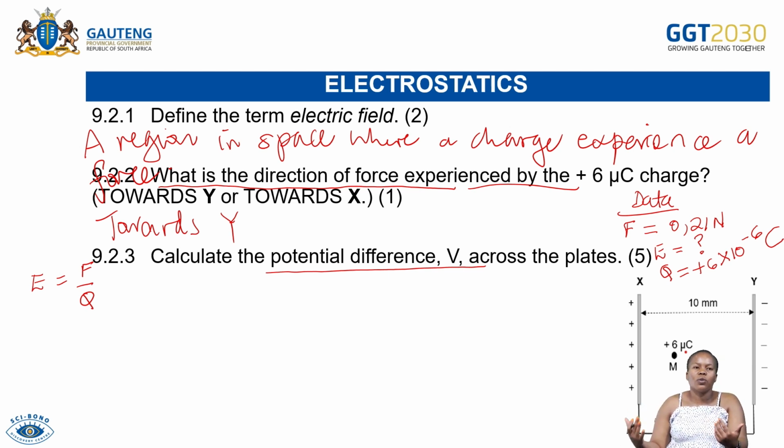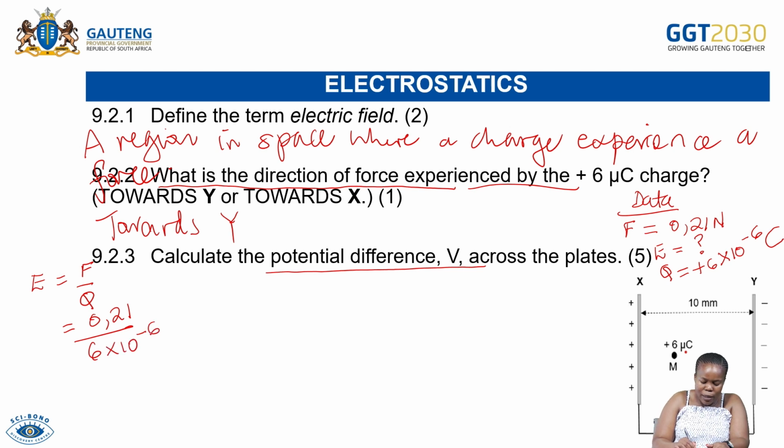You just need to know the relationship between the physical quantities: the electric field strength is directly proportional to the force. Here our E is unknown, but we have 0.21 newtons divided by 6 times 10 to the power of negative 6. We punch this in our calculator, and this gives us 35,000.